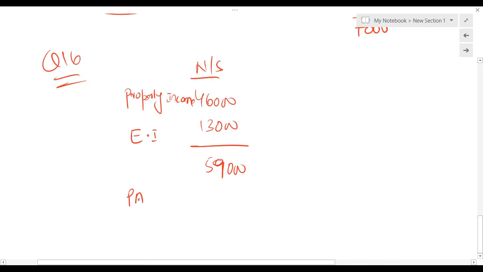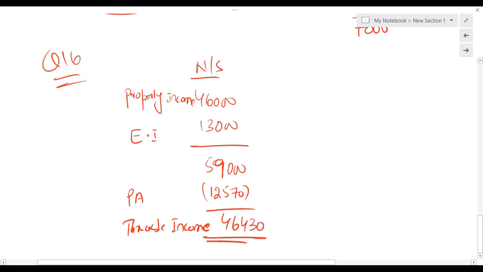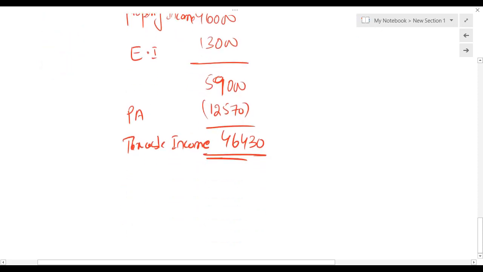Let's deduct personal allowance, 12,570. It is 46,430. Let's calculate income tax.